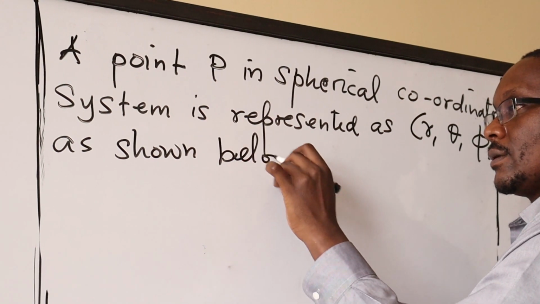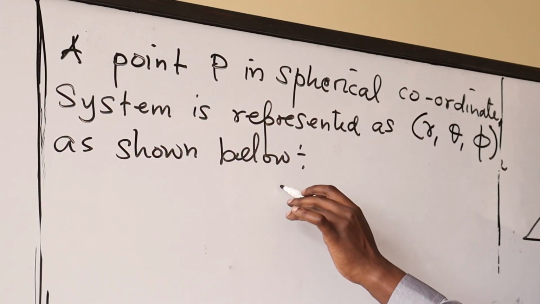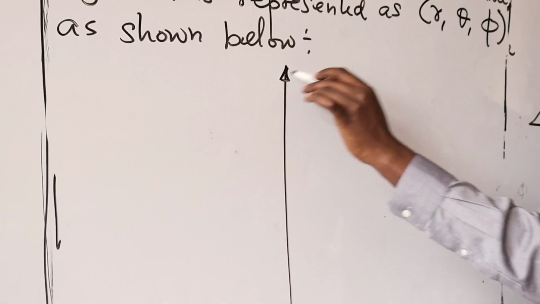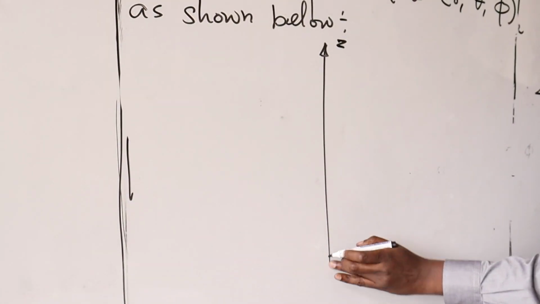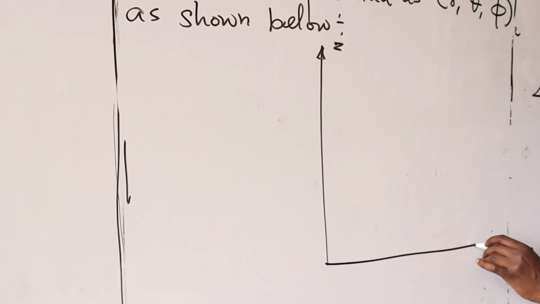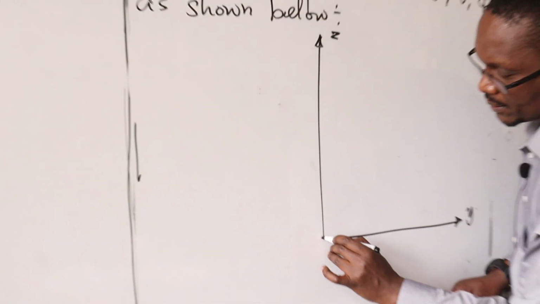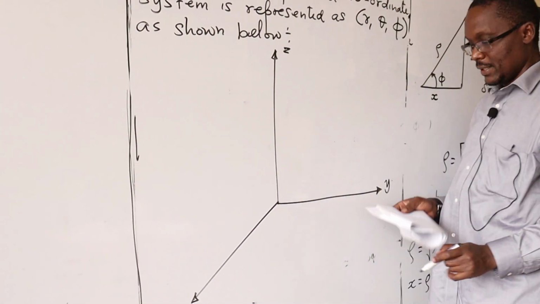As shown below, we also want to draw our half sphere or hemisphere and then see. So still this is z, that is y, that is still x.